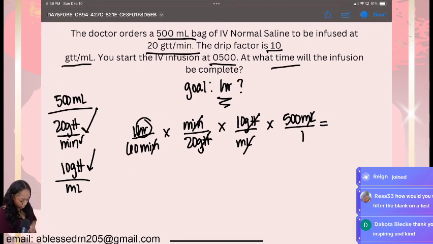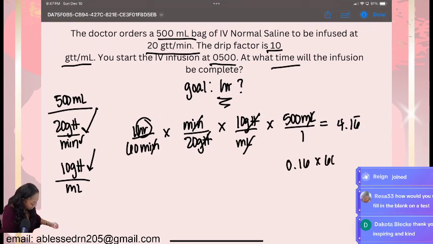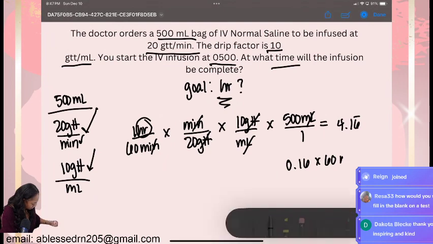So now I'm going to multiply across the top, multiply across the bottom, and divide. So 10 times 500, divide 60, divide 20, and then 1 and 1. So that's going to be 4.16666 repeating. So in order to find the exact time in hours and minutes, you're going to take what's behind the decimal and multiply it by 60.